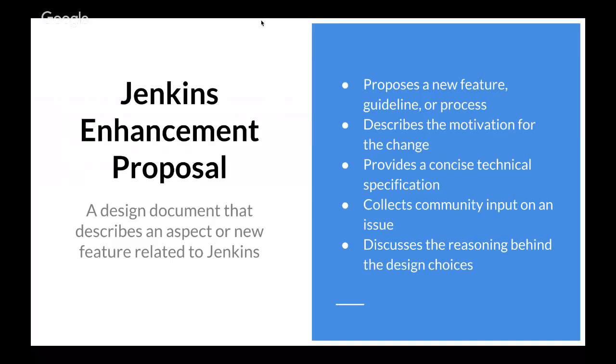It'll describe the motivation for the change, proposes a new feature, and provides an overall specification that's sufficiently detailed for anyone reading it to have a good understanding of how the new guideline or process or feature works. It collects community input on an issue, and also discusses the reasoning behind design choices.